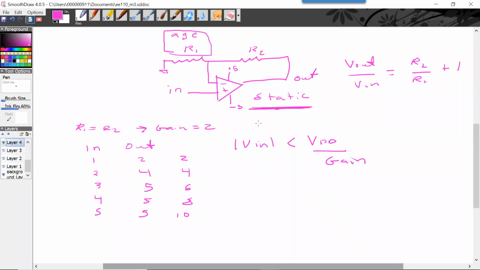Now, later on, VDD is the power supply, the positive power supply. Minus VDD is the negative. So the op amps aren't like resistors, capacitors, and inductors.